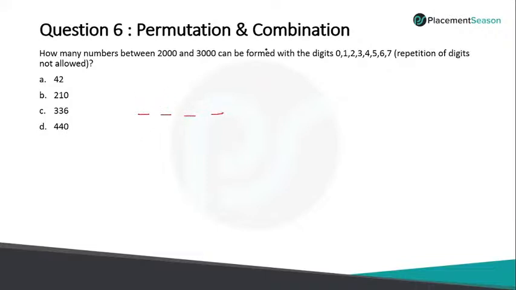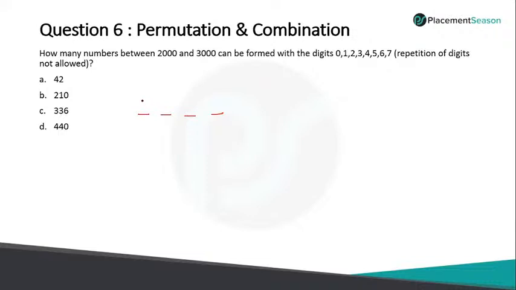So now from the numbers 0, 1, 2, 3, 4, 5, 6, 7, we know this place should carry what? Between 2,000 and 3,000, which means the numbers 2001, 2002 till 2999. So the first digit will be only 2, right? So it should be 2.